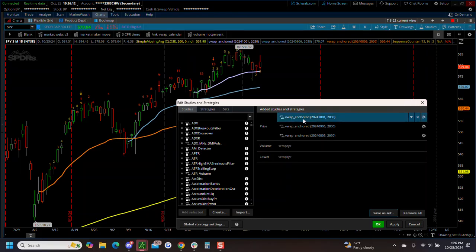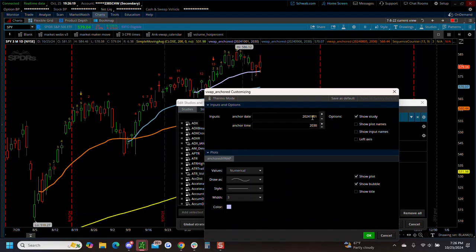How you do these: once you have the indicator installed, you just double click on it. It's in the syntax 2024, whatever year it is, then the month and the day. That's how it's easy. And this is a daily indicator.